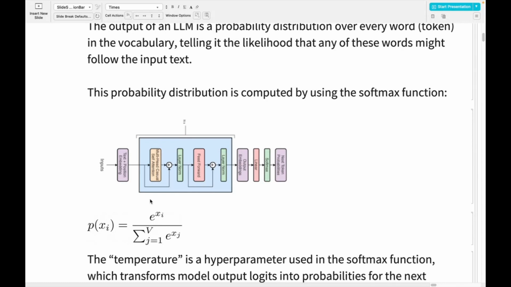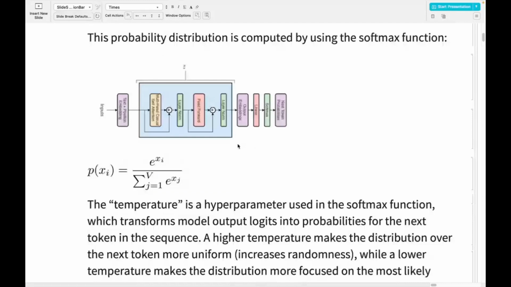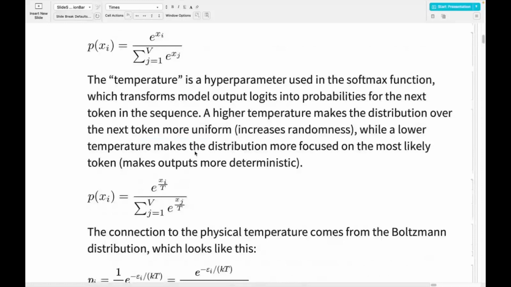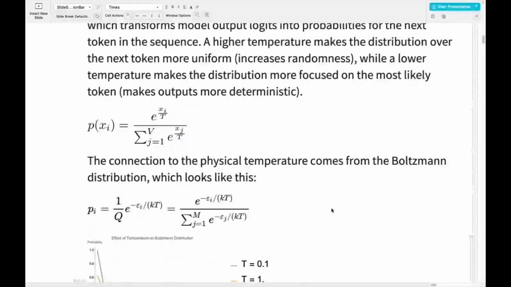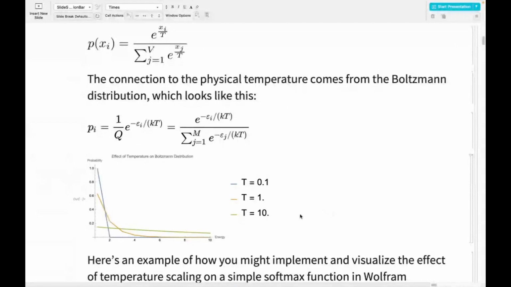This is in one of the latest layers in the decoder transformer block. You have the softmax, and then we add a hyperparameter, which is known as temperature, from the connection to the physical temperature from the Boltzmann distribution. So basically, we can see it as a system where at lower temperature we have the probability one of having one state.